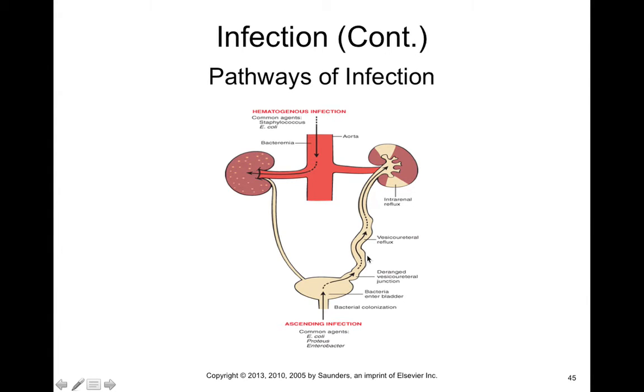But if there's reflux of urine due to failure of valves or paralysis of the smooth muscle in the ureters, then urine can work its way back up, and that ascending infection could eventually lead to kidney infection. So a urinary tract infection, cystitis, or bladder infection, could eventually lead to kidney infection by moving in an ascending pathway.